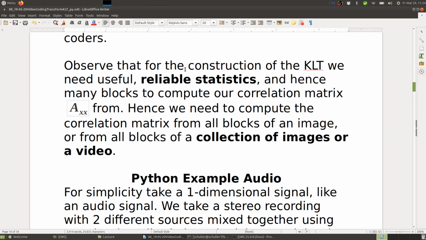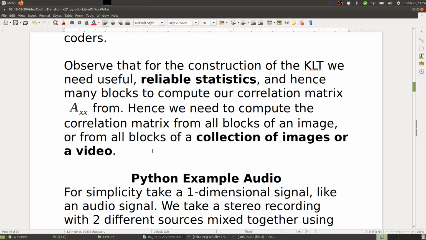Observe that for the construction of the KLT we need useful, reliable statistics and hence many blocks to compute our correlation matrix AXX from. Hence we need to compute the correlation matrix from all blocks of an image, or even better, from all blocks of a collection of images or a video.